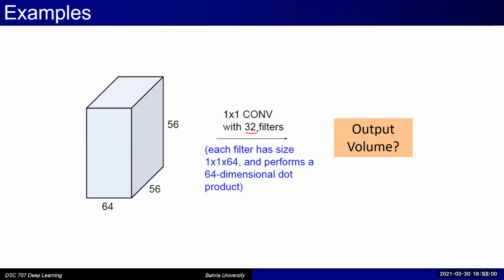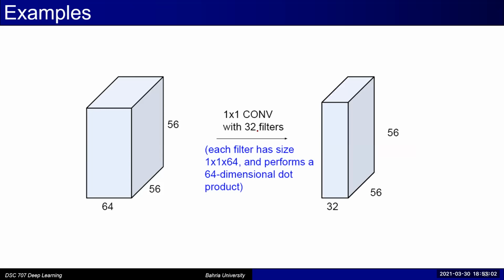So it would be 56 cross 56 cross 32, right? And if someone asks you what is the number of parameters in this layer, one filter is 1 cross 1 cross 64, plus one bias. How many filters are there in total? 32. So this would be the total number of parameters in this layer.